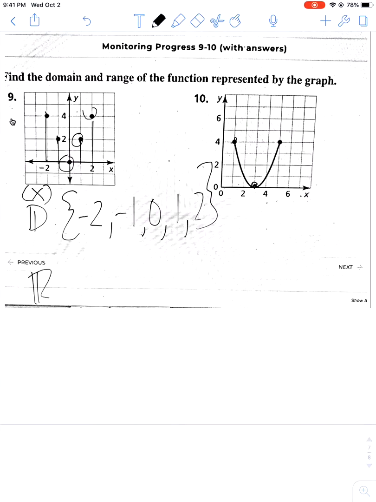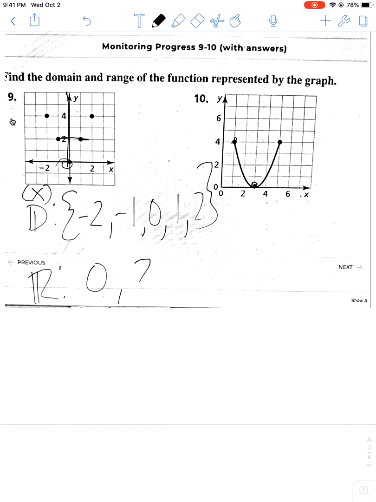Now range, again, remember, smallest to biggest, no repeats. So I look, what's the smallest I go on y? Oh, right here at 0. Now I notice the next one's at y is 2. Now there are 2 points, but we only have to write it once.